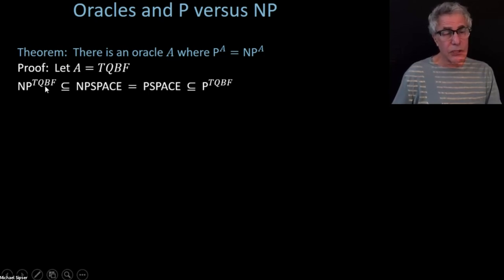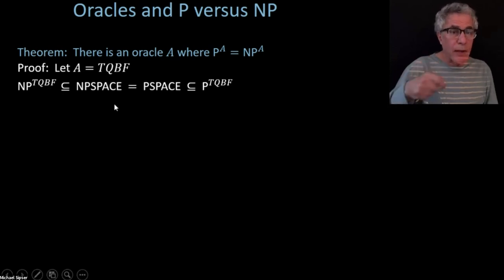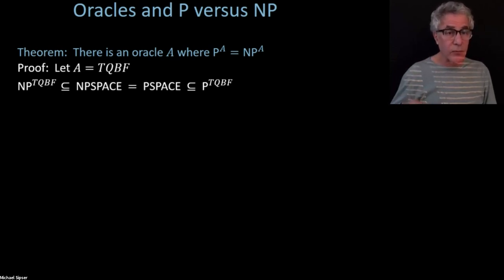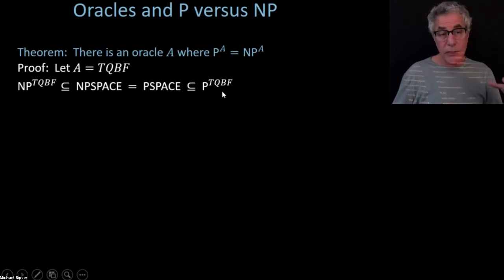Every time the NP machine branches non-deterministically, so do I. Every time one of those branches asks the oracle a TQBF question, I just do my polynomial space algorithm to solve that question myself. But now NPSPACE equals PSPACE by Savitch's theorem. And because TQBF is PSPACE-complete, for the very same reason that a SAT oracle allows me to do every NP problem, a TQBF oracle allows me to do every PSPACE problem.